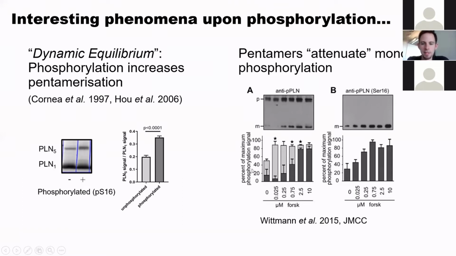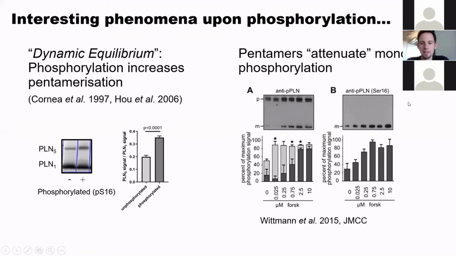But in contrast, the monomer phosphorylation is increased only at higher doses of the agonist and also saturates later. And interestingly, if you use an artificial mutation which prevents oligomerization, you can see that the phosphorylation is triggered at lower doses and also saturates earlier. So that suggests that pentamers somehow attenuate the phosphorylation of monomers in these cells.